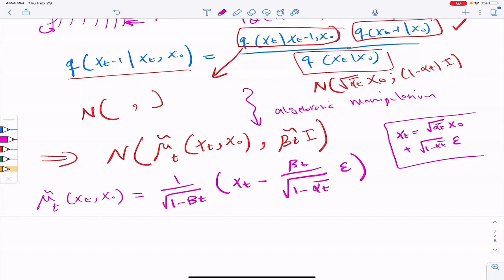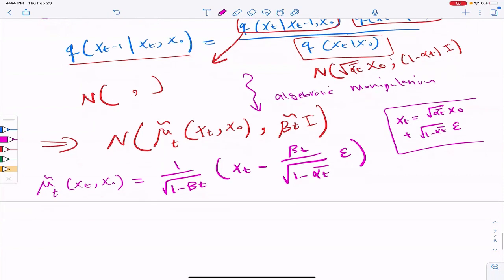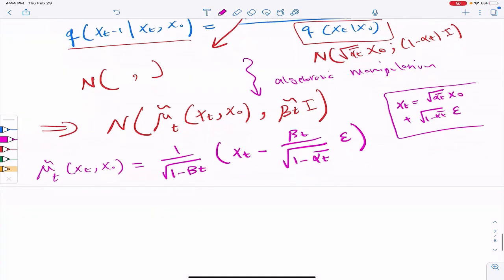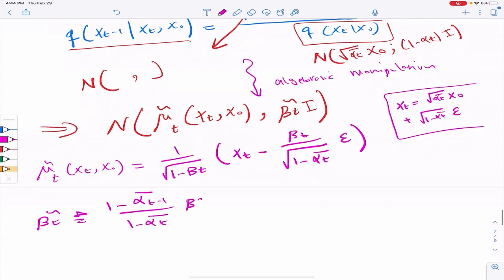So here, instead of x0, I'm just going to replace it with epsilon. So that is the mean. And the variance is 1 minus alpha bar t minus 1 divided by 1 minus alpha bar t times beta t. Quite complicated, quite unintuitive, I would say. But you just replace the densities, you massage it, and you get the means and the covariance like this.